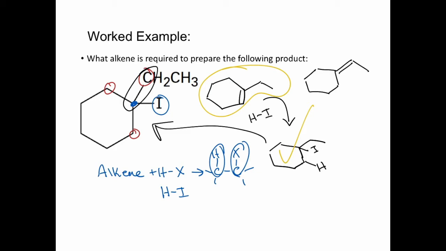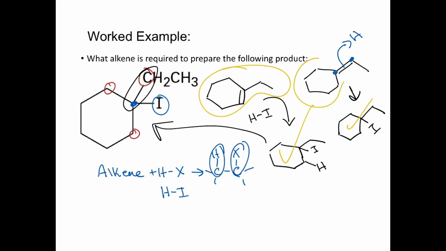But what if I reacted my other possible product? So here, this carbon is the one with more H's, and this carbon has less H's. So the H would go on to that carbon with more H's, and you would end up with this product, which is identical to what I just drew.